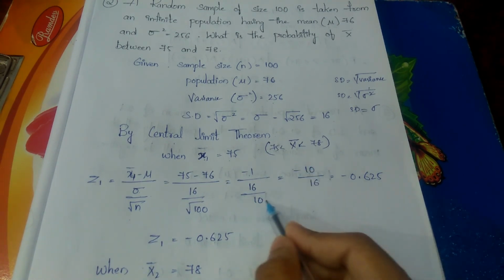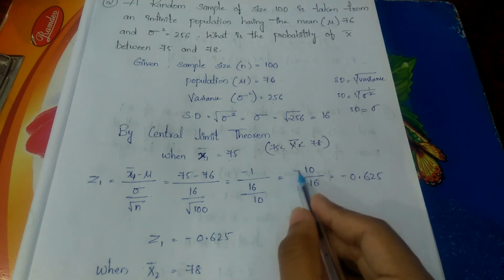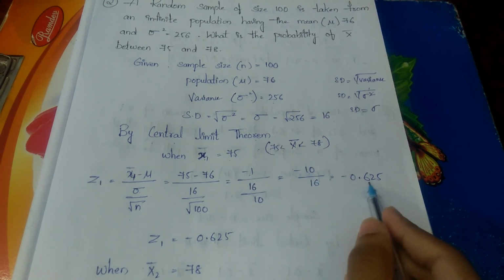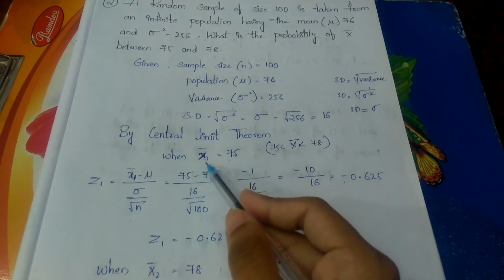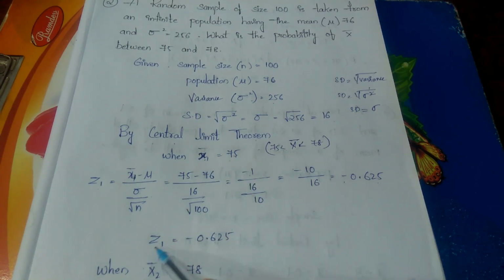Now when I take this into the numerator, it multiplies with the minus 1, so it becomes minus 10 by 16. Now this value comes as minus 0.625. So this is the z value when I substitute x1, nothing but x value, as 75. So I can take z1 is equal to minus 0.625.